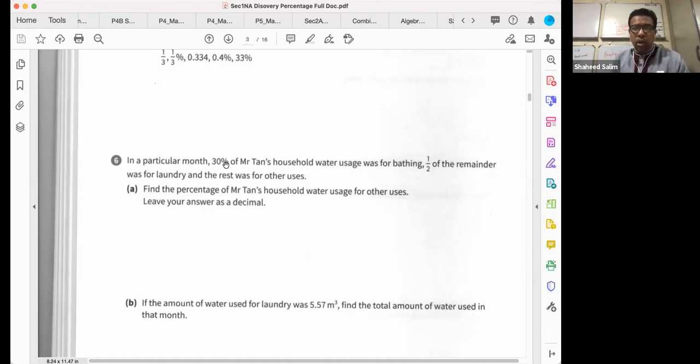You can use all percentage first. What is this in percent? What's the balance percent? Then from the balance percent, you change to decimal. No problem, up to you.